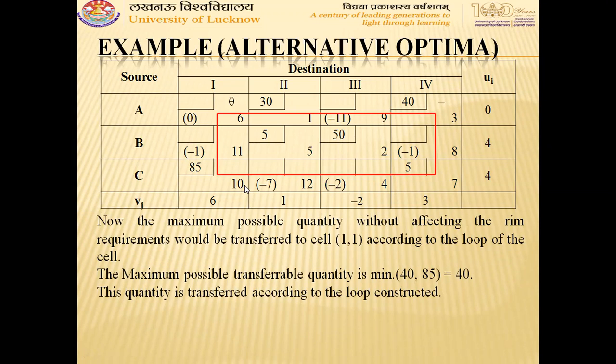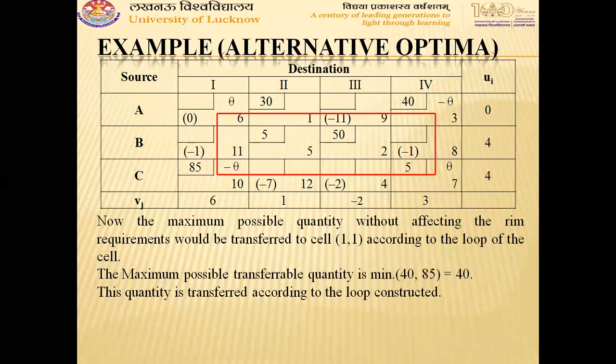Then we assign the quantity theta and minus theta alternatively. Then we obtain the value of theta as the minimum among the places where theta is negative. On the negative thetas there are two quantities, 40 and 85. Among these the minimum is 40, so 40 units will be transferred.